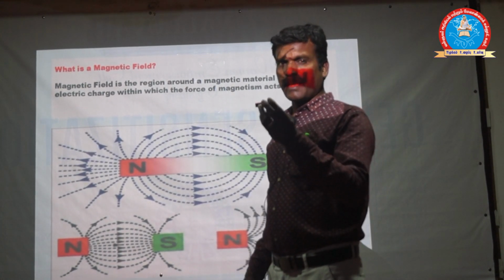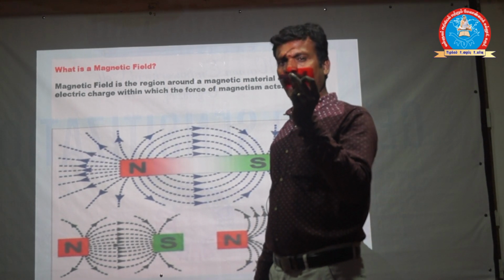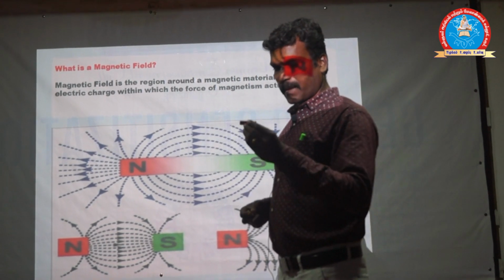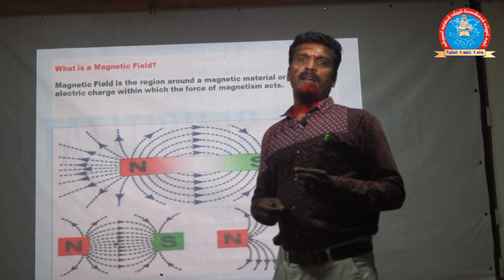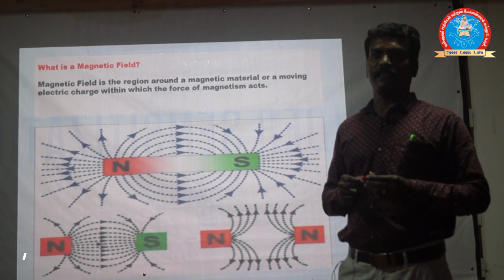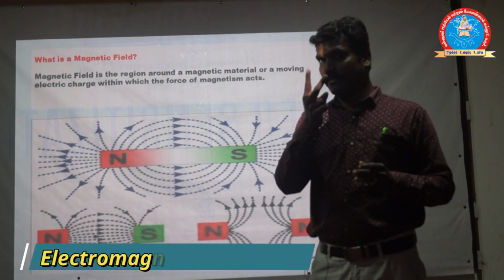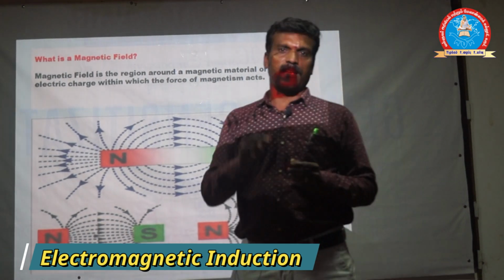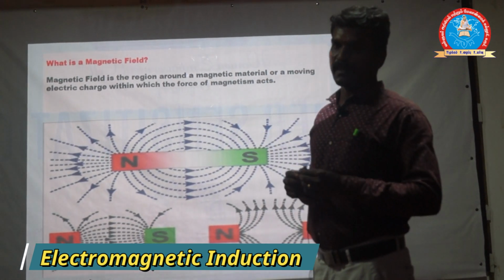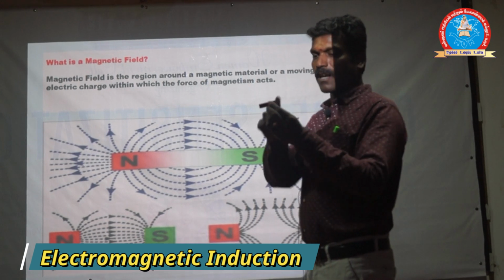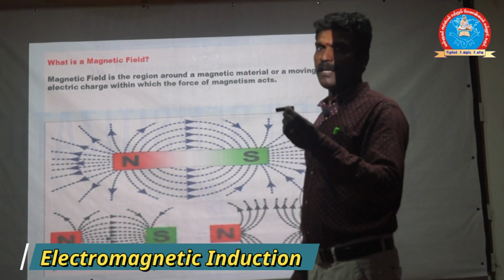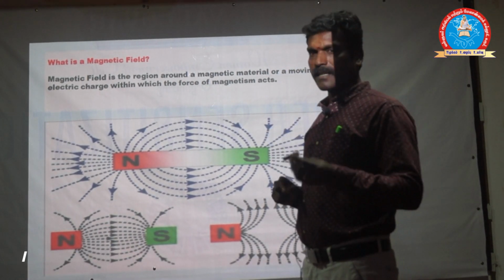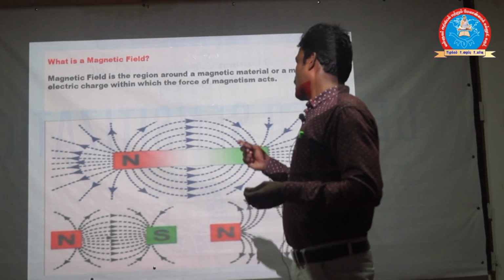We can't see the magnetic field or magnetic lines of force with our normal eyes. Similarly, we can't see electricity, but we feel the current when we touch it. The same goes for the magnetic field: the lines of force around the magnet or the current carrying conductor.